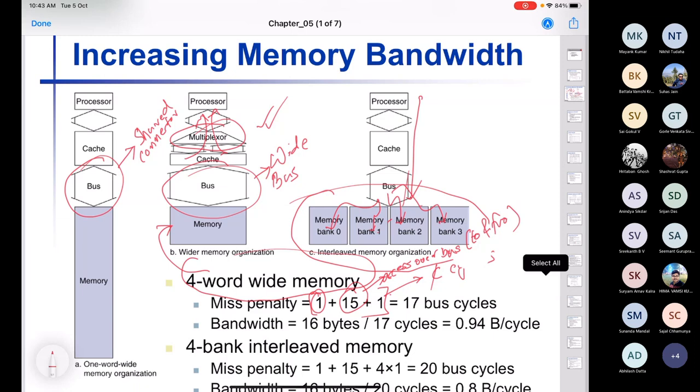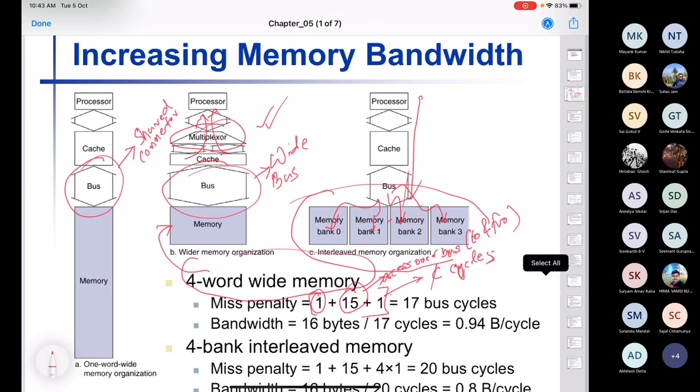And finally, one more clock cycle is spent after the transfer from cache to microprocessor, which reads in 1 clock cycle. So finally, what you have performed is you have spent 17 cycles.